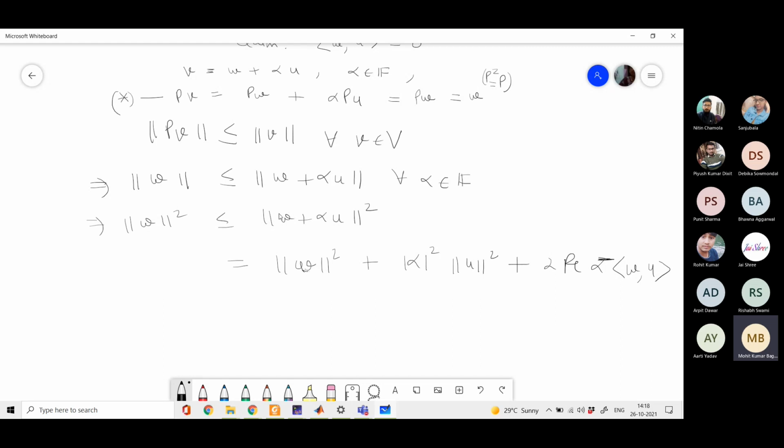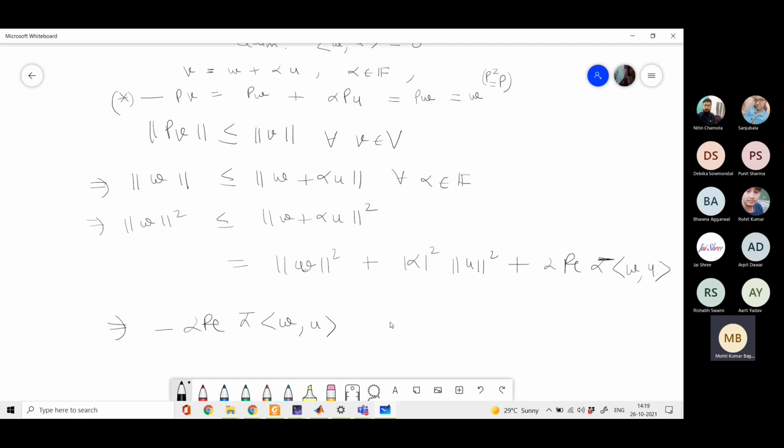If you write this as W plus alpha U, W plus alpha U, then you get this. Okay, you just do it by yourself and solve. So now from this you can cancel the norm of W square, and you can take the real part this way, so it is minus alpha bar W comma U, and only this thing remains here.